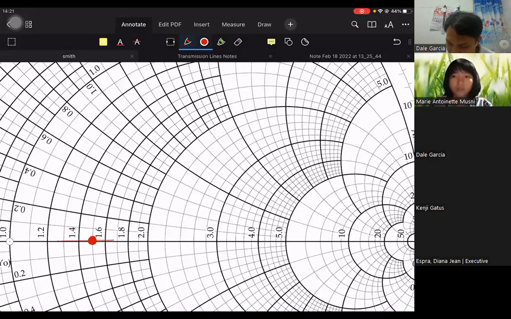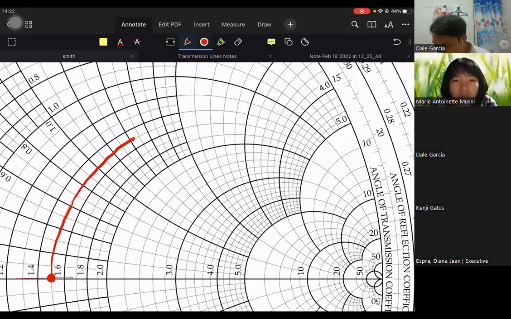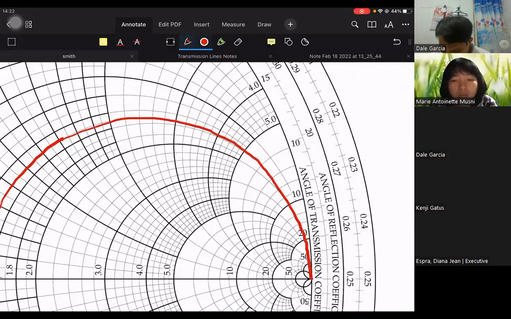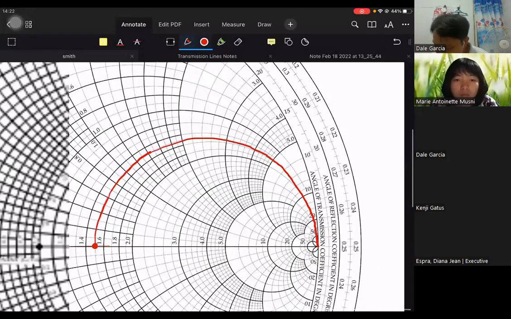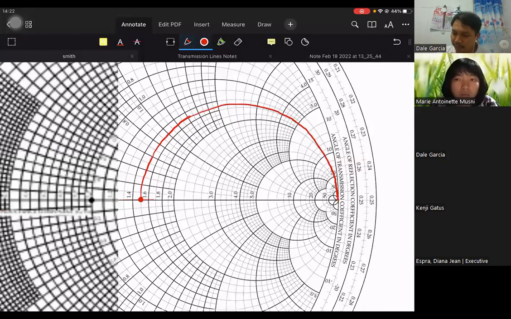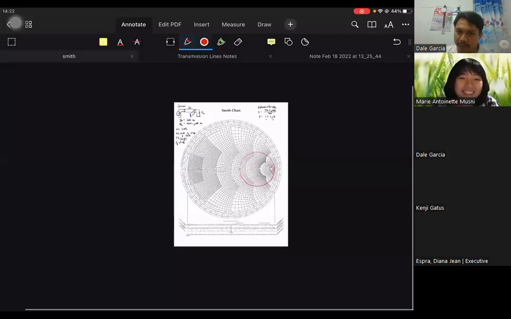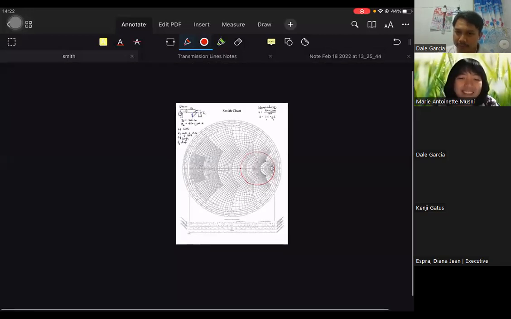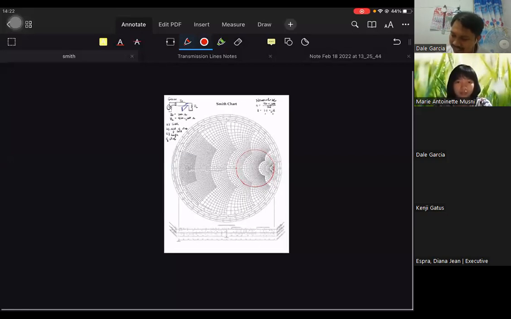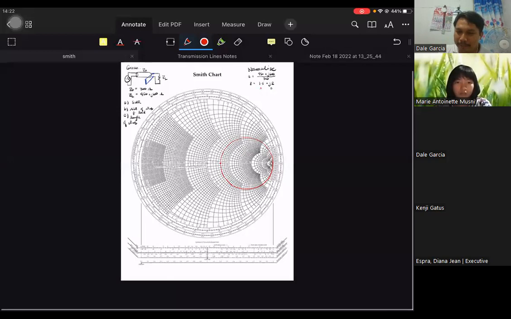Naka-compass, so bana na lang gid ni. Okay, right. Pag may pagamyon o create na kayo ug circle. So, mao na ang impedance circle.